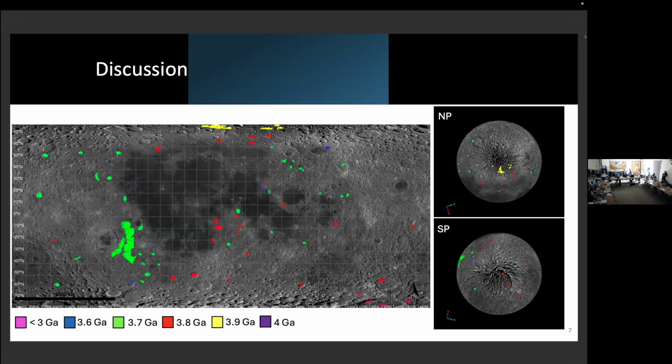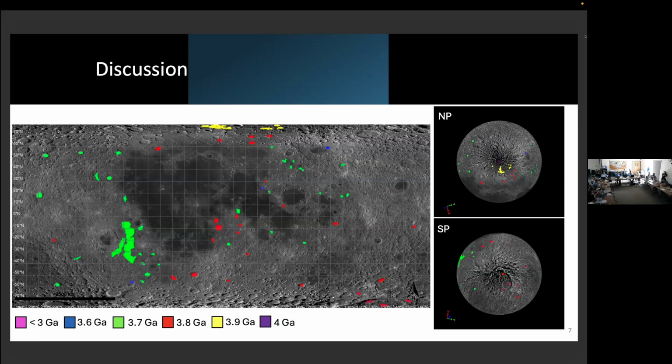So this map is the 100 meter per pixel web of where we are showing all of the areas, and there's over 100 of them, where we dated over 60 planes in the mid latitudes, and then 41 in the South Pole and 10 in the North Pole that you can see in the figures on the right. And I color coded them by age.